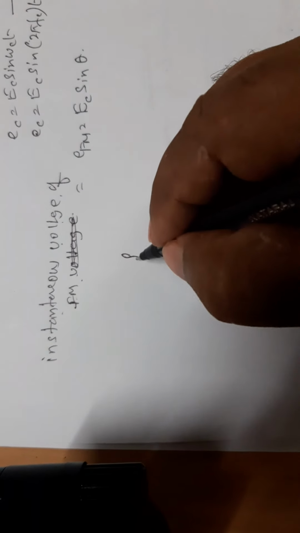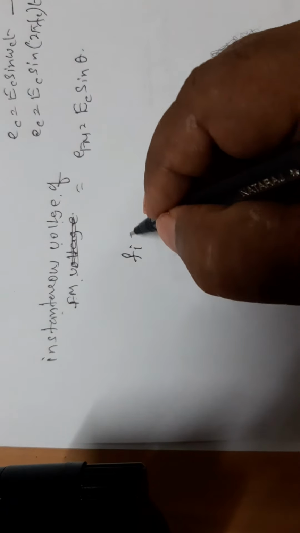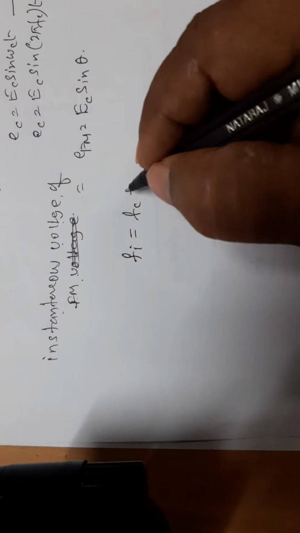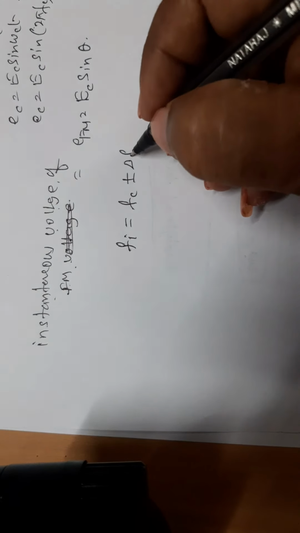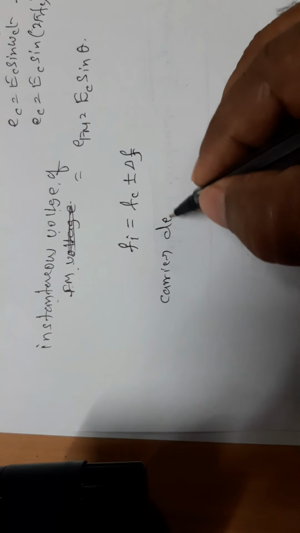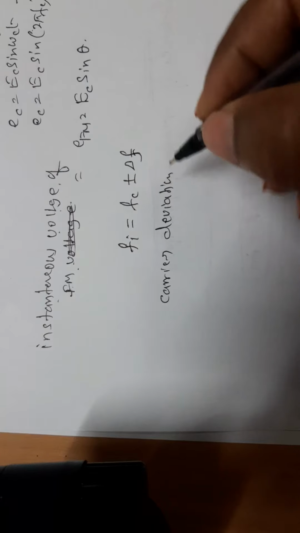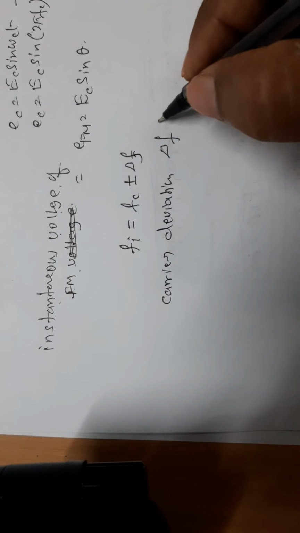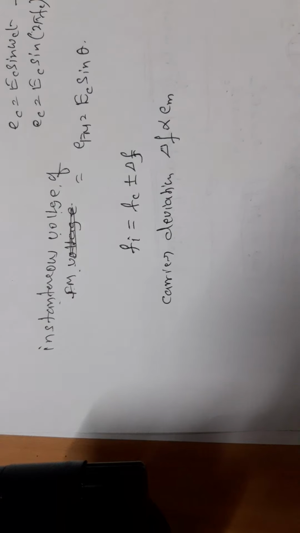Let Fi be the instantaneous frequency of the frequency modulated wave, which is given by Fc plus or minus delta F, where delta F is the carrier deviation, which depends upon the modulating signal Em, because in frequency modulation the carrier frequency deviates according to the modulating signal. The carrier frequency changes according to the modulating signal.